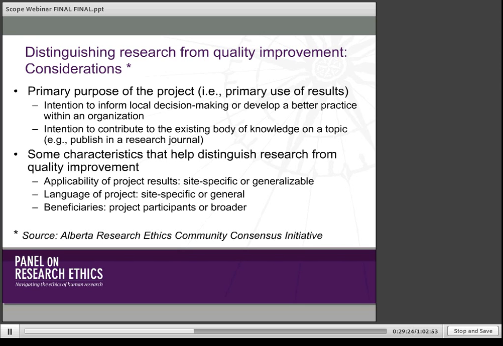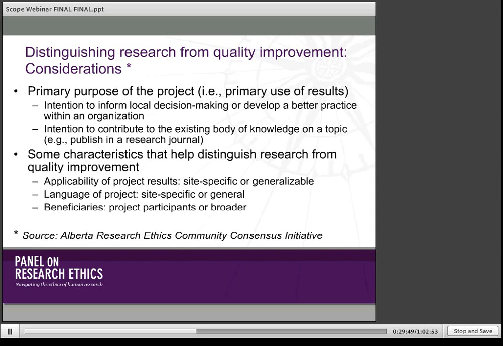Or, would this project still be done at your site even if the results might not be applicable anywhere else, which might suggest quality improvement? And then a final very good clue might be to consider who benefits from the study. Is it only the participants of the study, which suggests quality improvement, or is there a benefit to a broader audience, which would suggest research?